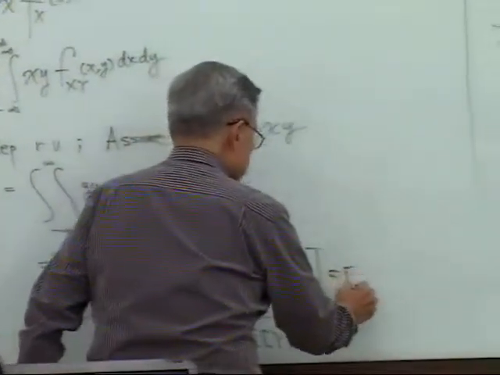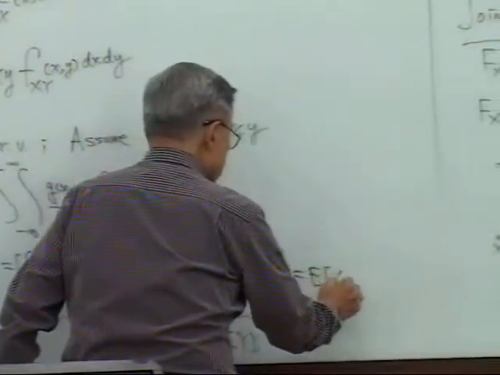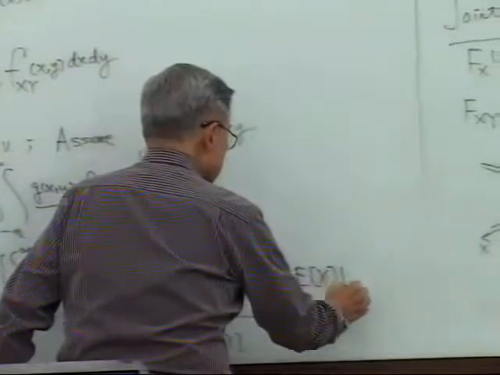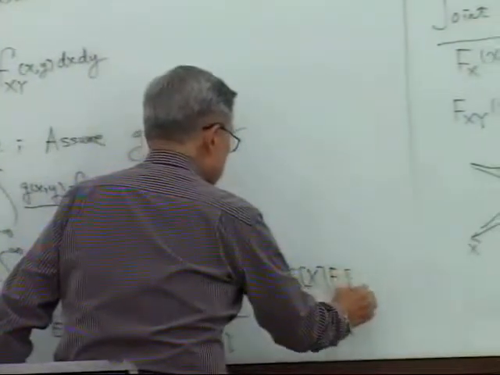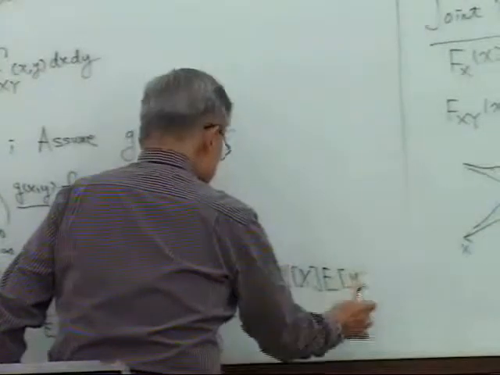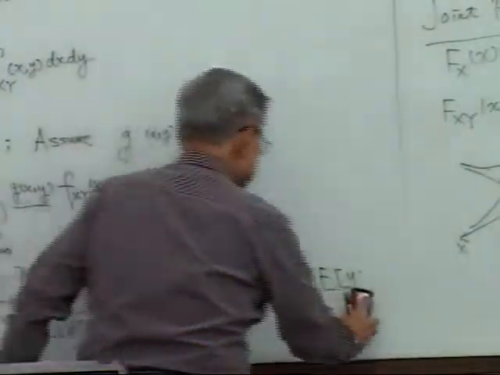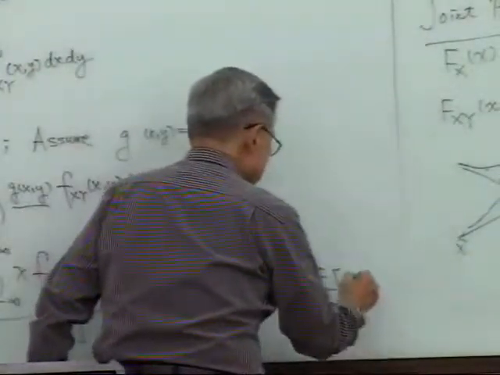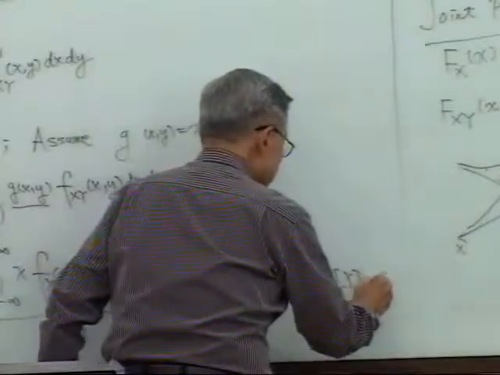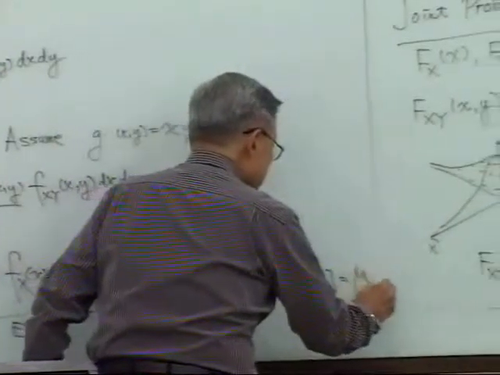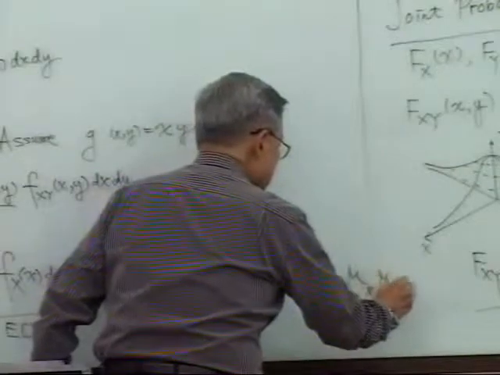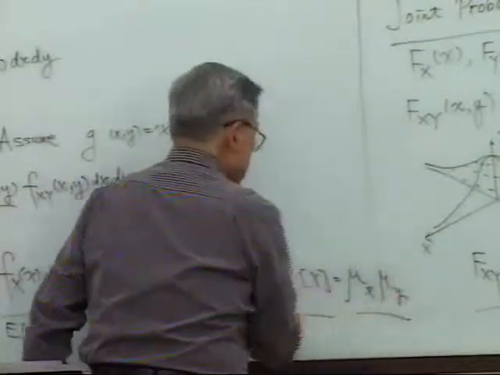So this is E[X] times E[Y], or with a different notation, mu x times mu y. It's all the same.